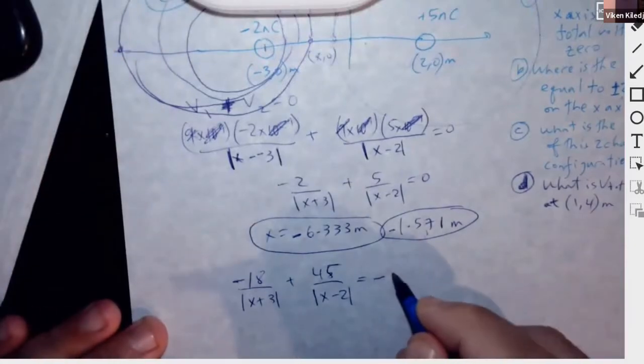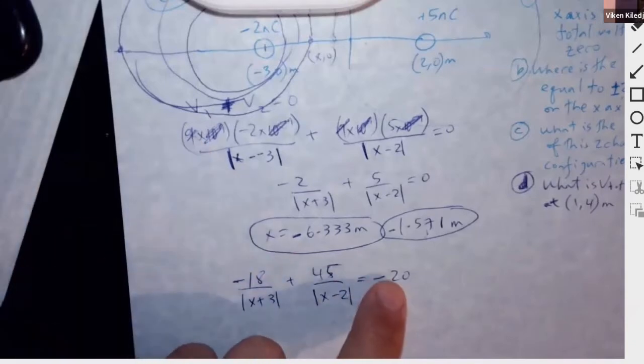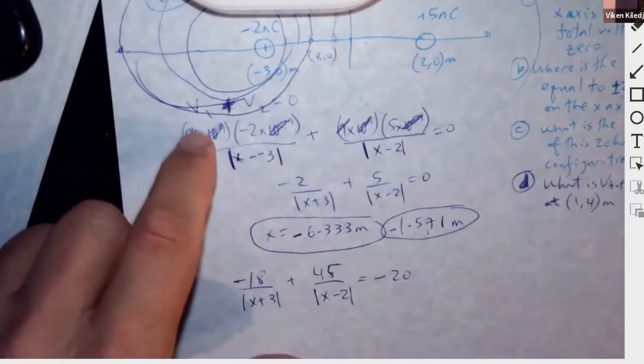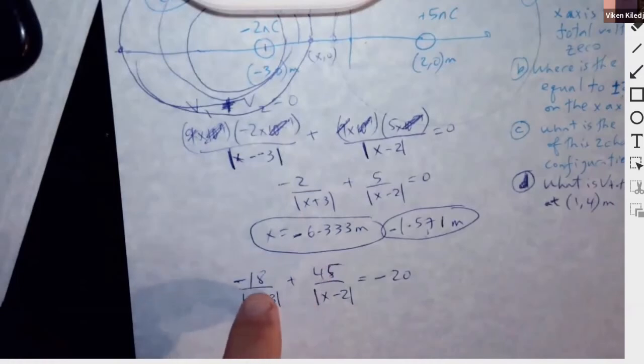Negative 20. See, for that one, since it's not equal to 0, you can't get rid of the 9 here. So you want to keep the 9, multiply it with the 2, 18, and then 45. Okay, now let's set that equal to negative 20. So I'm expecting the answers to be close to the negative charge.